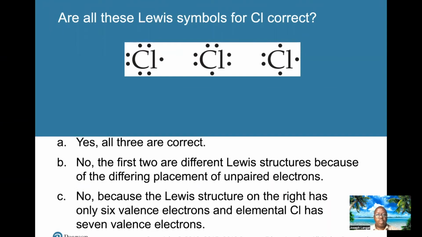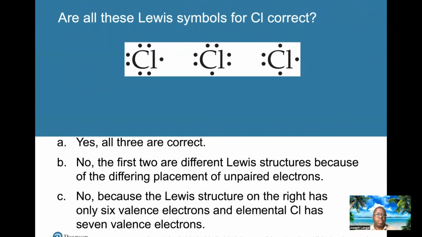Are all these Lewis symbols for chlorine correct? Remember what we went through on writing the Lewis dot symbol for an element. It's just the chemical symbol and the dots around it representing the group number for main group elements.